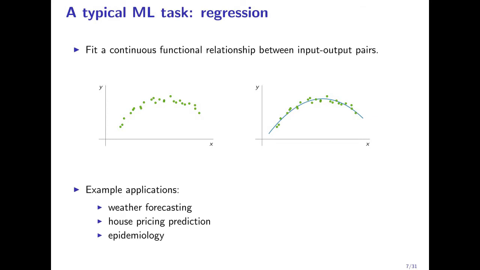So we, for specific, let's say, measurements of the climate, can we fit a continuous function to make predictions about any measurements that we might have. Of course, also the classic house pricing prediction, and then also in epidemiology, the study of disease spreading.